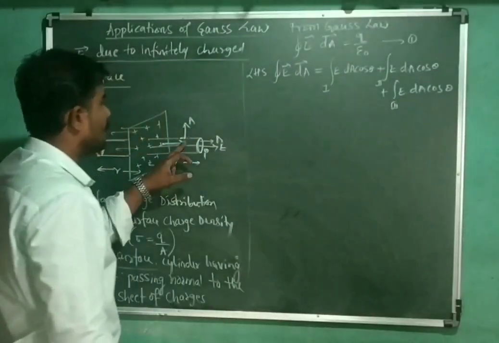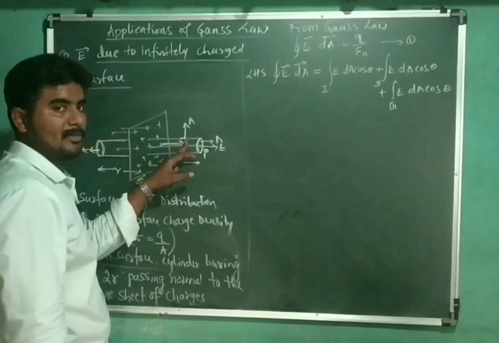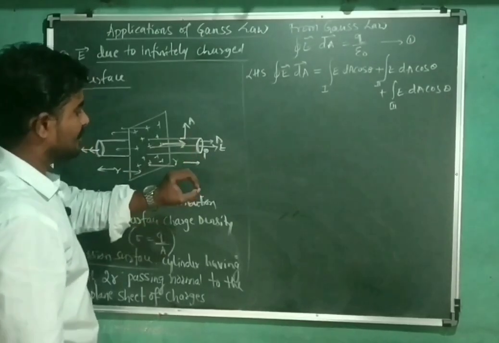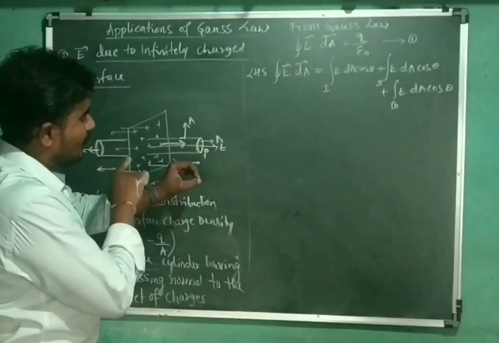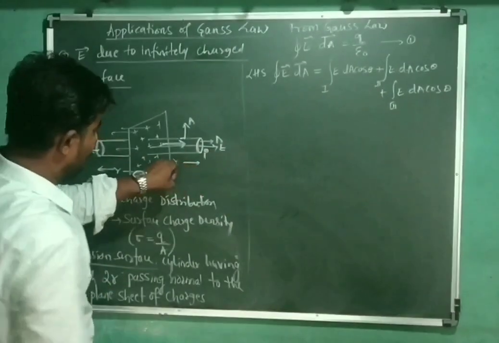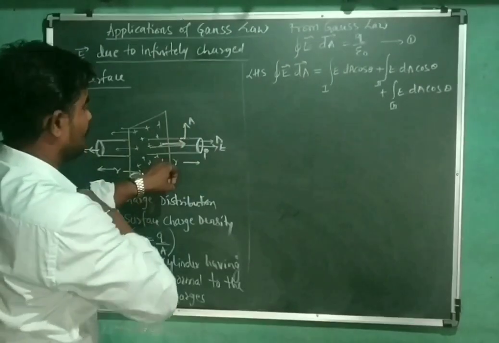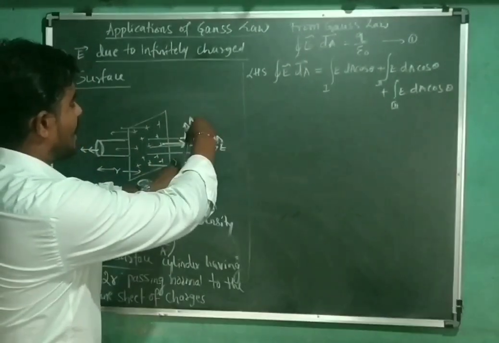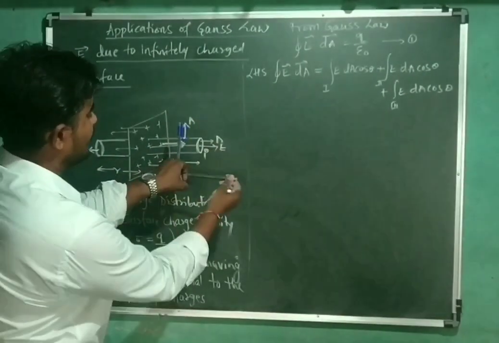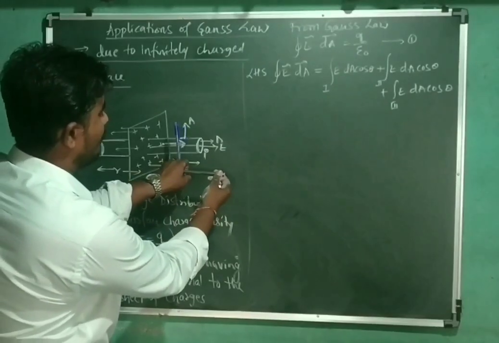Okay. For curved plane you can observe the angle is how much? If this is curved surface and this is the area vector and this is the direction of electric field, they are at how much angle?